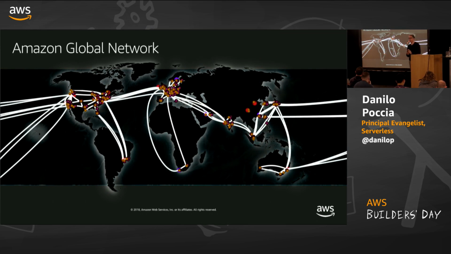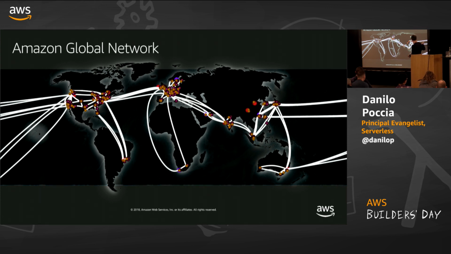So this is the Amazon Global Network. All of our regions and edge locations, with the exception of the 2 regions in China, are connected by a redundant 100 gigabit Ethernet fiber-based network. And the throughput that we can handle is very, very high, because there are thousands and thousands of fiber connections for every connection.